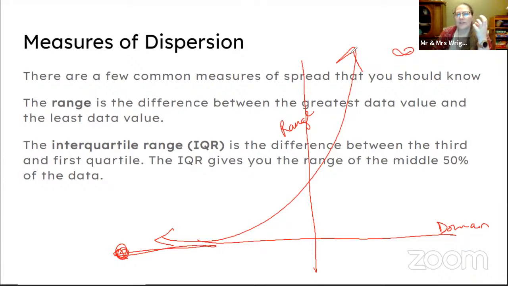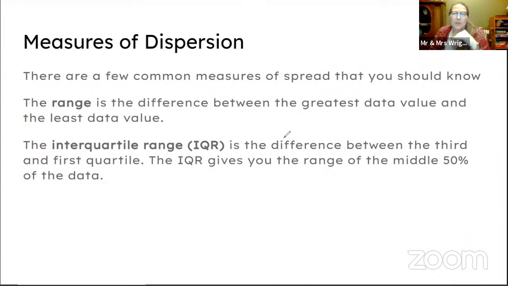So range in our data is going to be very similar, except it is not specific to just some y values, because our data is going to be a list of numbers. So your range is going to include all the possible numbers. And the way that you include all the possible numbers, just like on the graph, you listed it from least to highest, we're going to take the least and the highest value and find the difference between them.